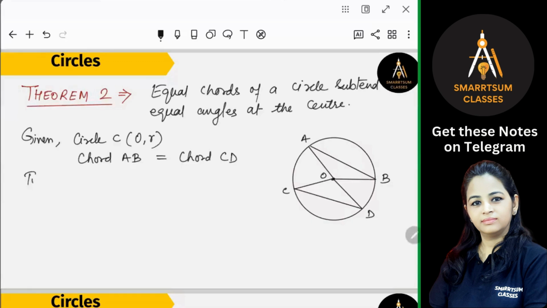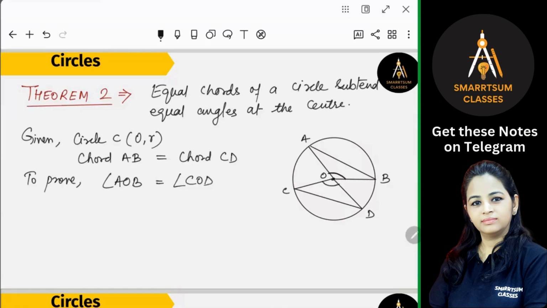So now what do we have to prove? We have to prove that angle AOB, this one, which is subtended by the chord AB, and angle COD, this one, which is the angle subtended by the chord CD at the center, are equal. So we have to prove that angle AOB is equal to angle COD.